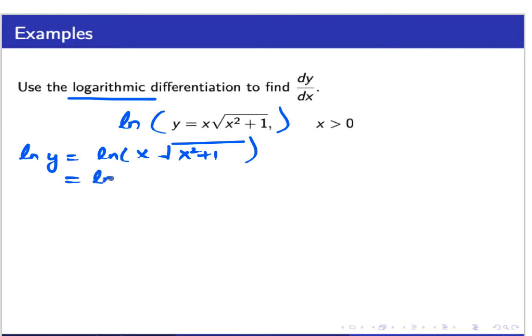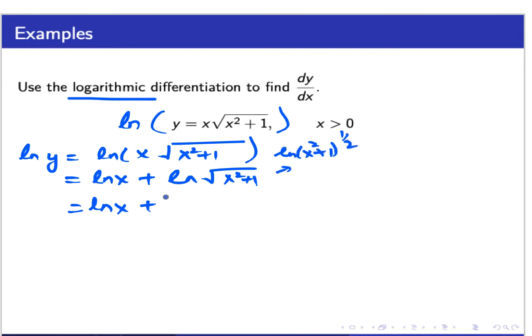So this is natural log of x plus natural log of the square root of x squared plus 1, which is natural log of x plus, remember, this is the same as saying natural log of x squared plus 1 to the power half. So half times natural log of x squared plus 1. And now we are going to differentiate this whole equation.